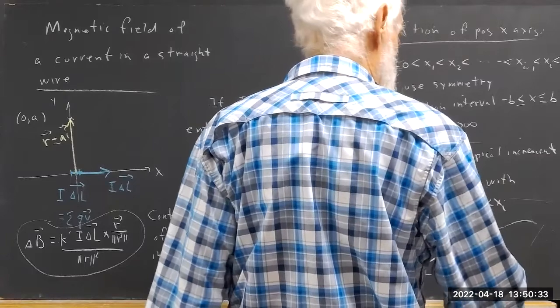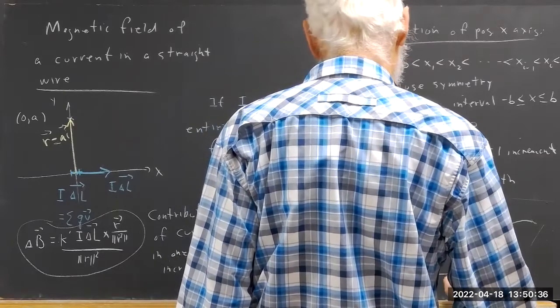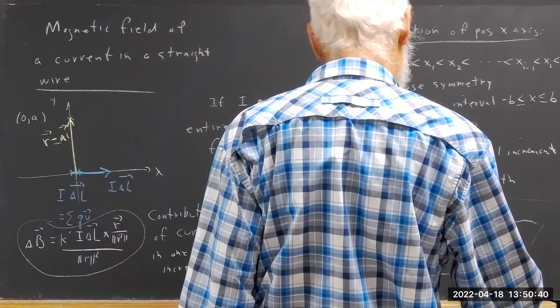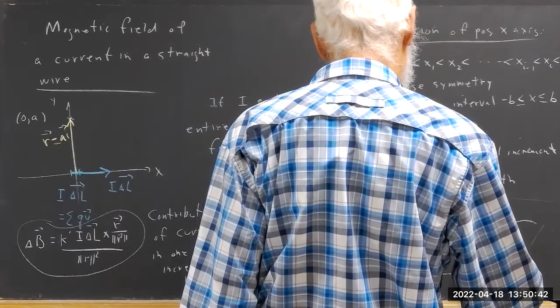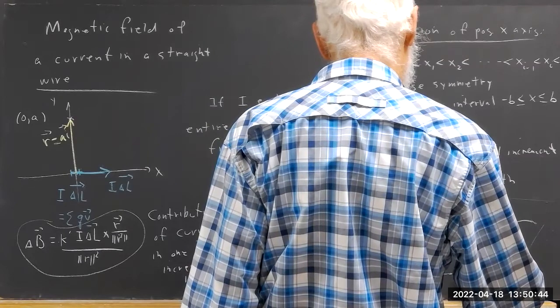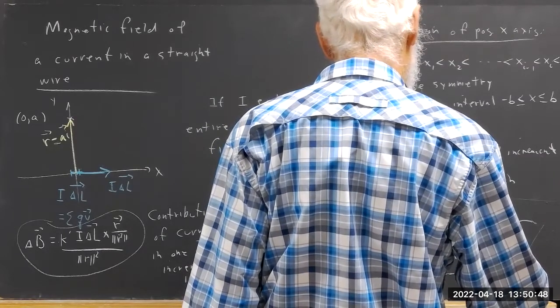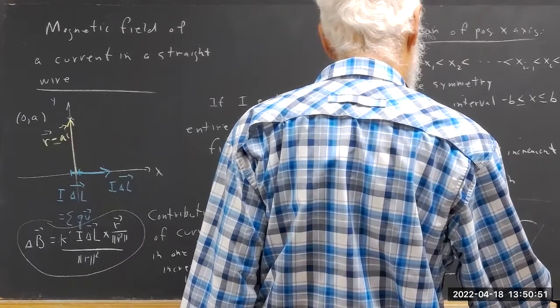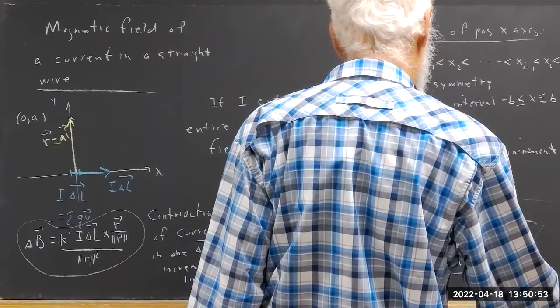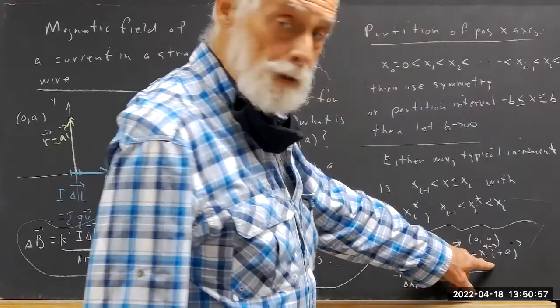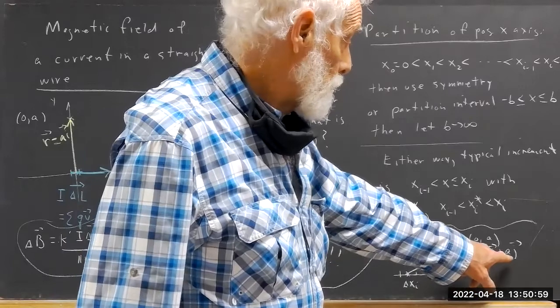R sub I, we'll call it the ice R vector, is negative xi star times the I vector plus A times the J vector.